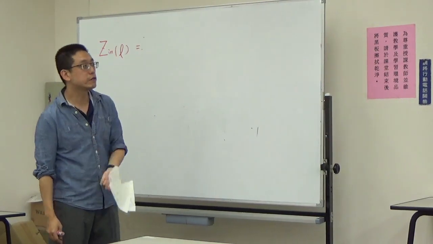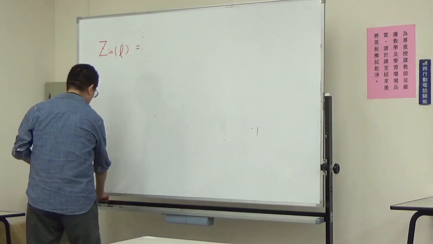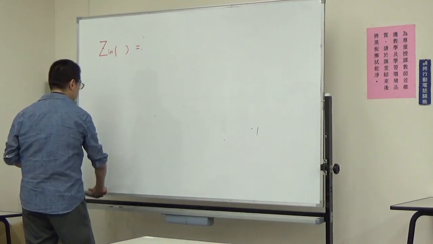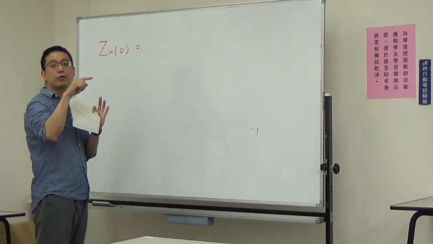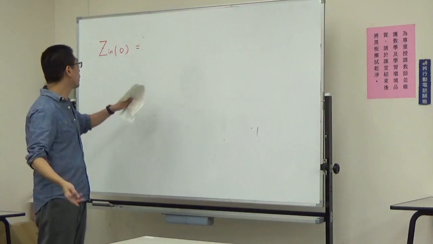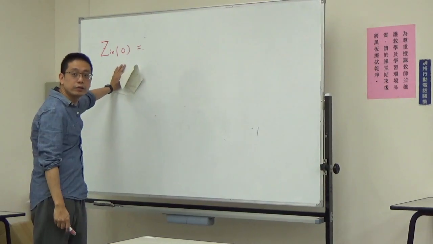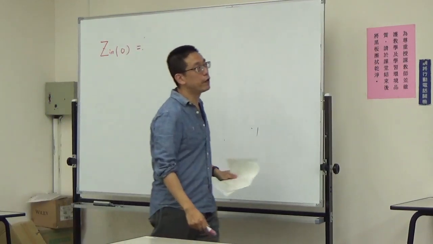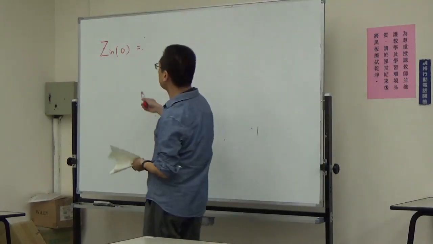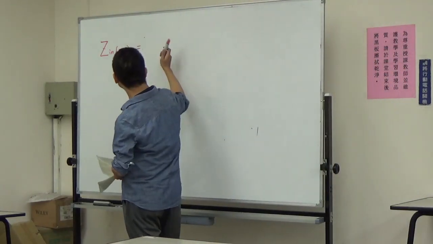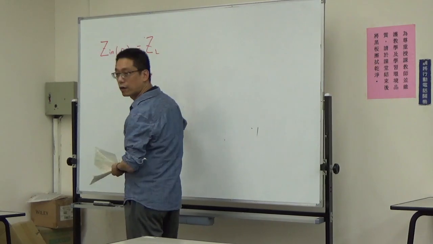Okay. First of all, you can go back and see what Z in is at Z equals 0, or L equals 0. If there is no transmission line, the input impedance at here, looking in this direction, Z in at 0 equals ZL.